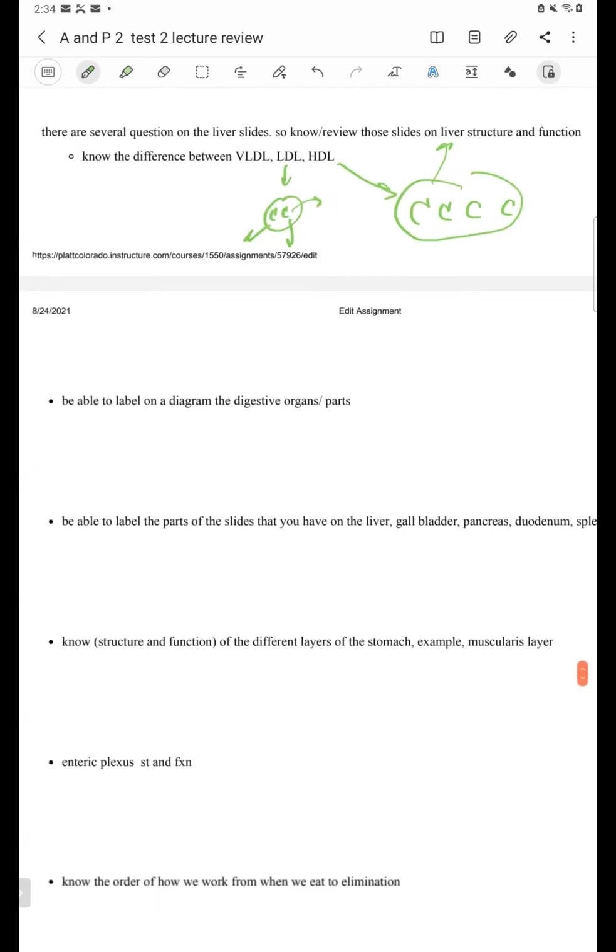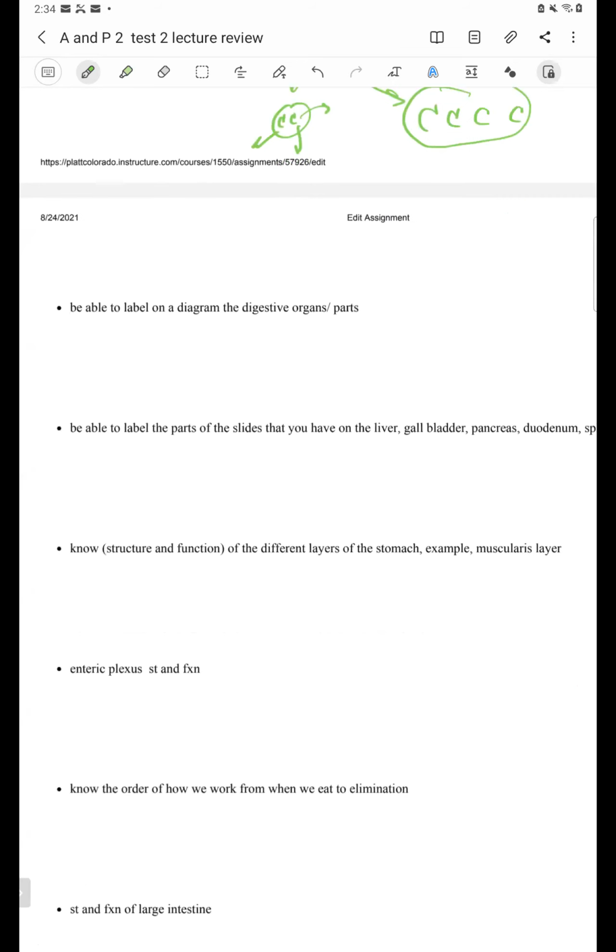Okay, know your digestive parts, like the accessory structures that go with them. So where is the liver, the gallbladder, the pancreas, the duodenum, the jejunum, the ileum, the tongue? The tongue's in the mouth, and it's part of chewing and breaking down your food, along with your teeth, your molars, your canines and your incisors.